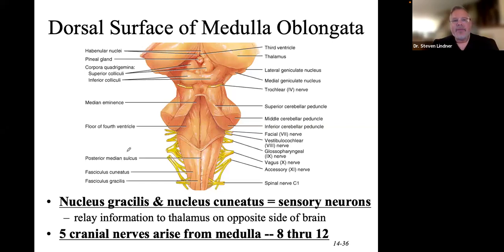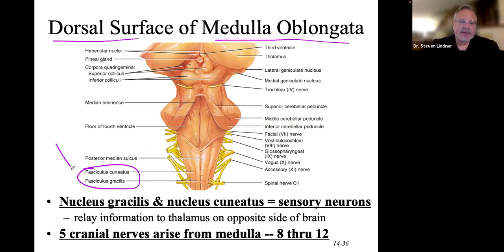When we look at the dorsal surface or the backside of the medulla oblongata, there are a few important things that we can see from back here. One of them is going to be the fasciculus cuneatus and the fasciculus gracilis.